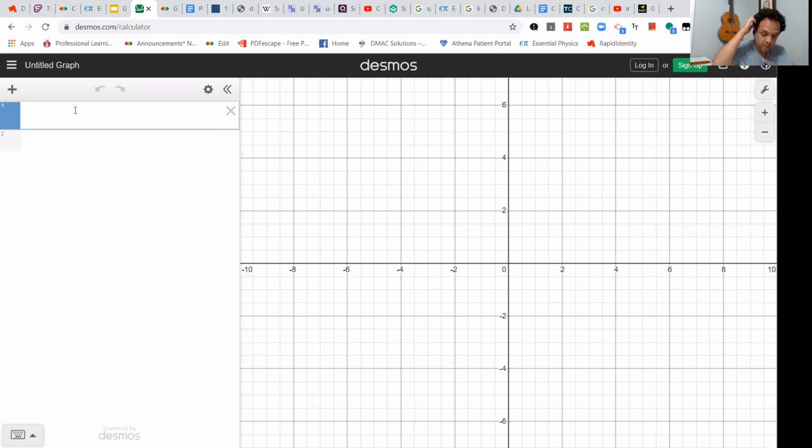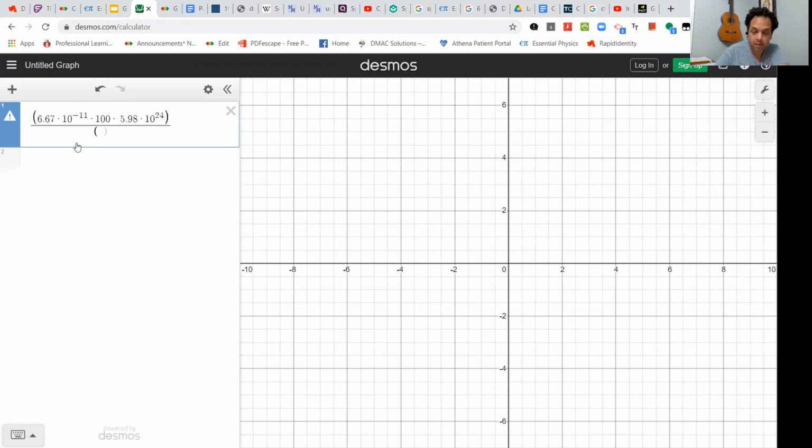In Desmos, I would put parentheses on top, 6.67, and instead of the E, I do times 10 raised to the negative 11, and I push the right arrow, times 100, times 5.98 times 10 raised to the 24th power, divided by 6.38 times 10 to the 6.